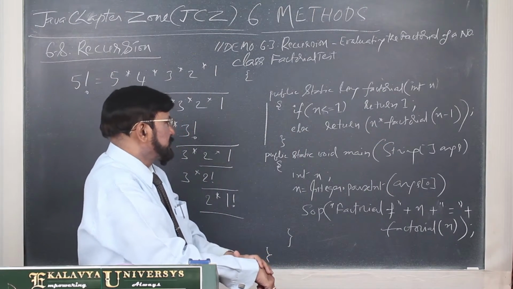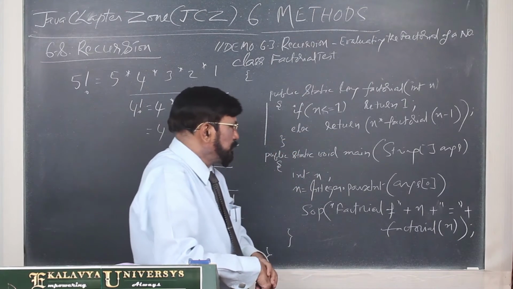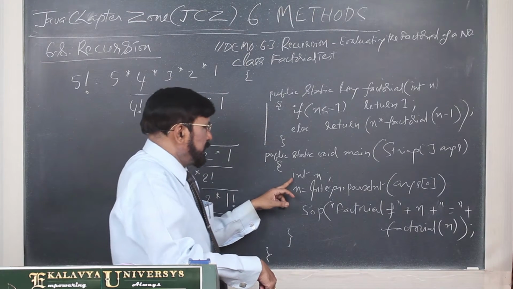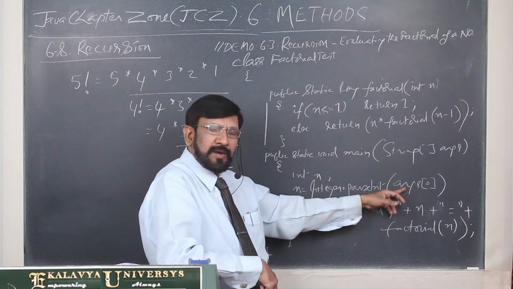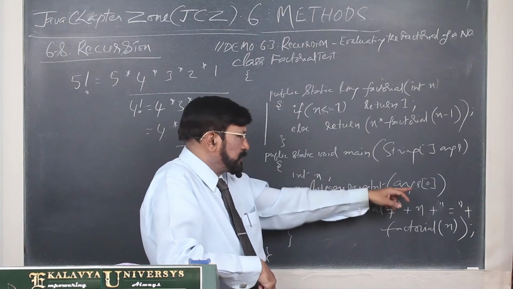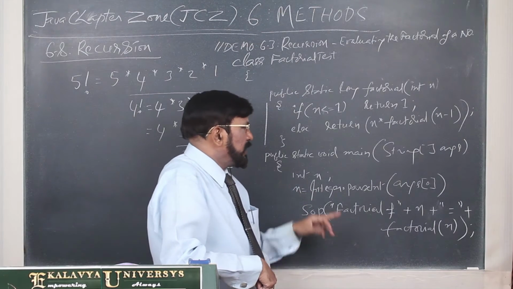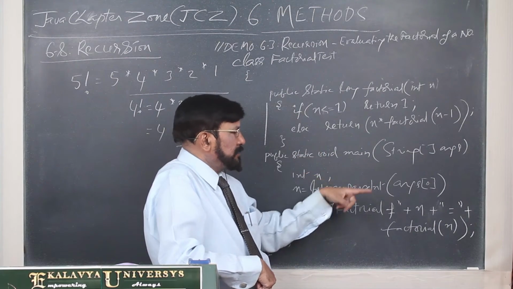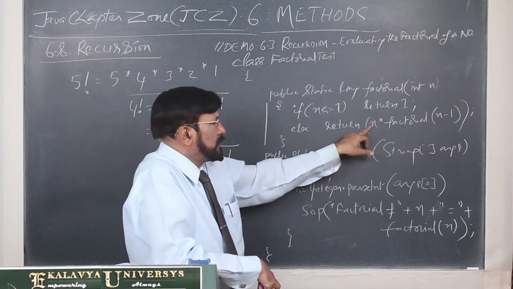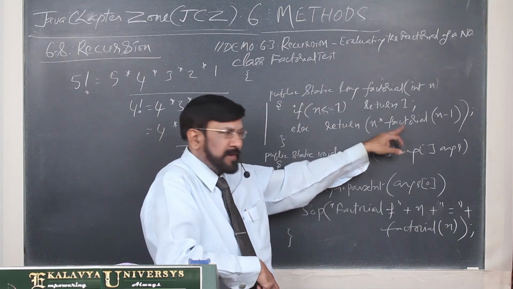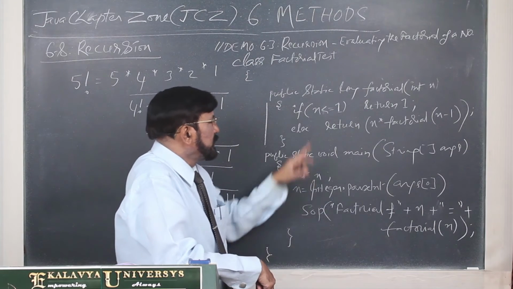This is called recursion. Here we are writing main also as a static method. Now you see int n, and through a command line argument you enter an integer value, and you parse it, and in turn the factorial is calculated. Suppose you have given 5, it is 5 into factorial 4, next 4 into factorial 3, like that it is calculated.